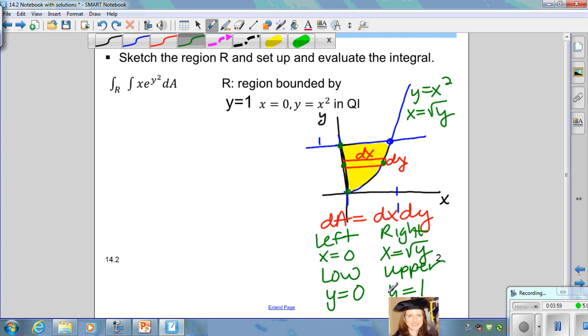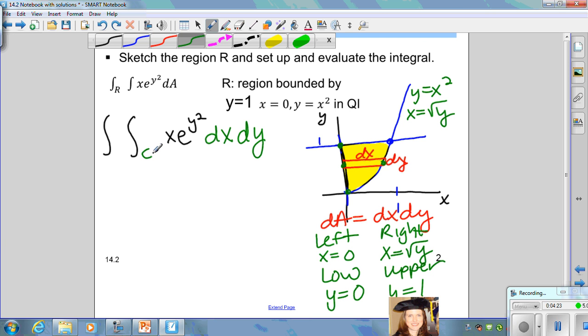So now these are going to be used in our bounds of integration. We're going to have a double integral of x e to the y squared. Since our rectangle is horizontal, the order of the differentials is going to be dx dy. So our bounds for x are going to be on the inside.